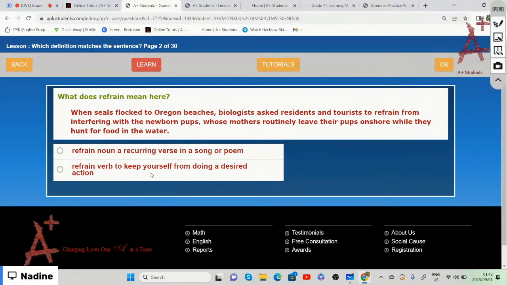So, is it a refrain meaning a recurring verse or song or poem, or refrain, to keep yourself from doing desired actions? So we see that biologists asked residents and tourists to refrain from interfering with the newborn pups. So we're going to say it is this one.